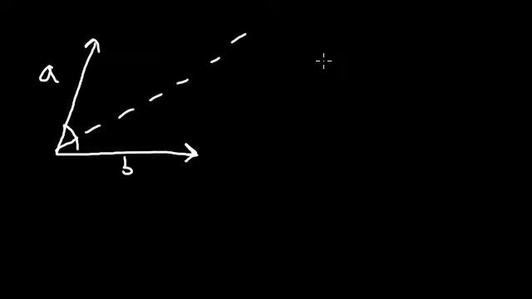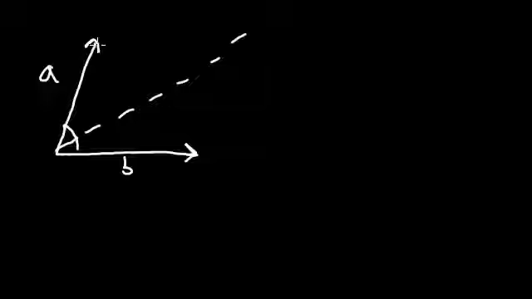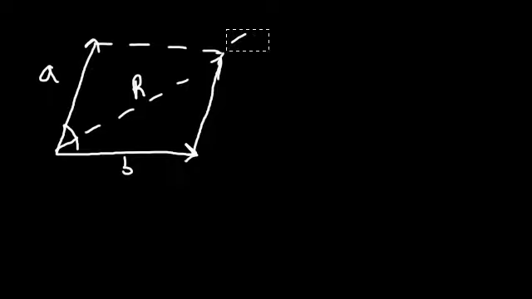Now, the question you might want to ask is, how do we find the resultant vector? To find that, we can use the cosine rule. So let's complete the parallelogram first. The goal is to find R. Since some of the properties of a parallelogram are that opposite sides are the same, this will still be B and this will still be A. Now the vectors have been combined in such a way that we now have a starting point and an end point.